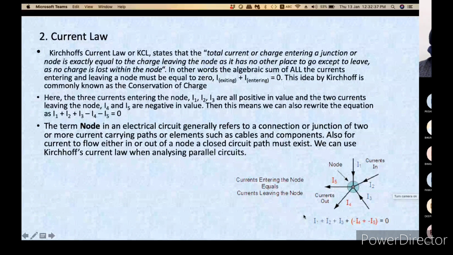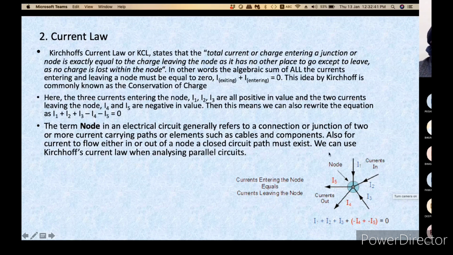Is that okay? So the directions are very important in this circuit, and while analyzing circuits, whenever you do node analysis, you have to consider this law. You know all these things earlier, right?